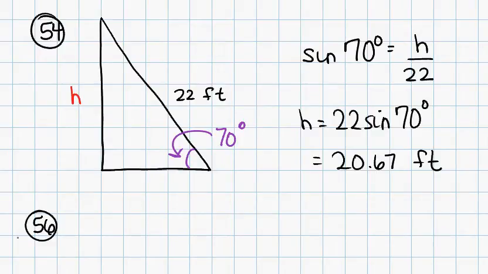The next problem that I would like you to try is problem 56. There is a picture in the textbook to give you a good start. Again, pause the video and take a moment to do this problem.